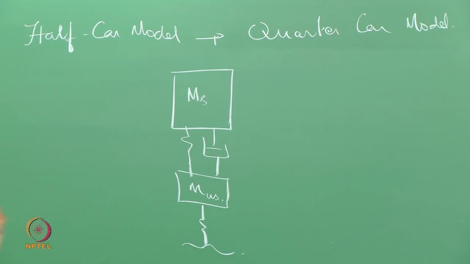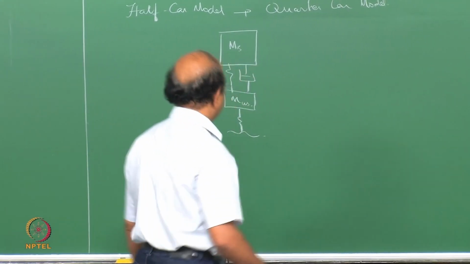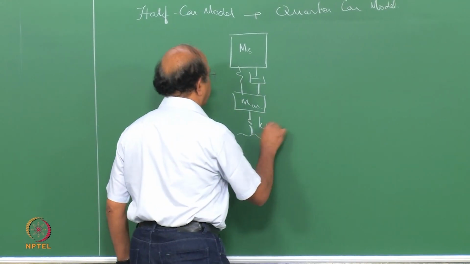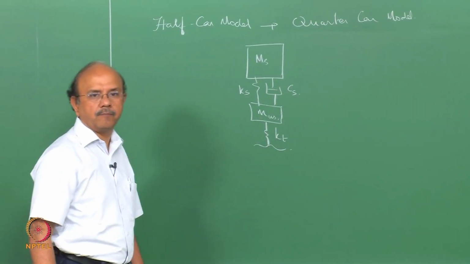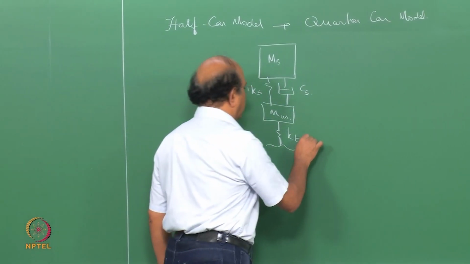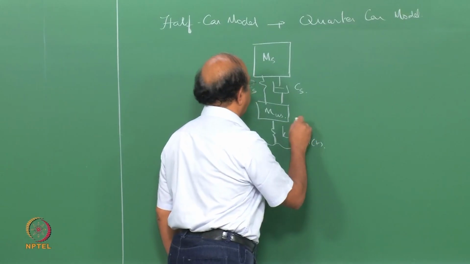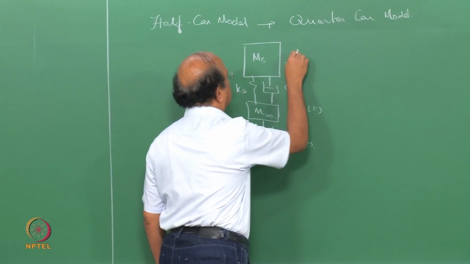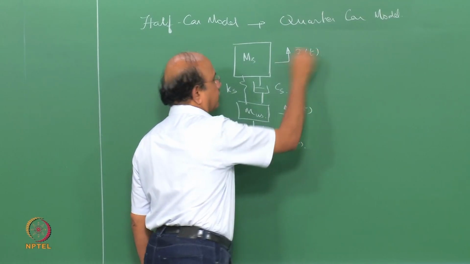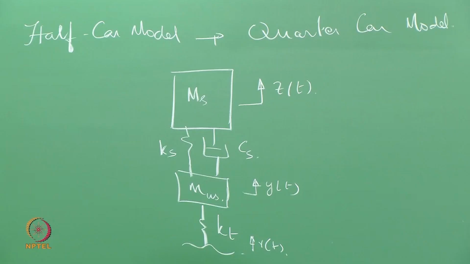If there's any difference in the notation, tell me. So this is the road input R of t. This we called y, and that we called z. I think that's where we left.